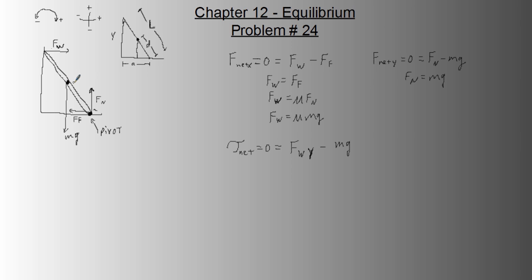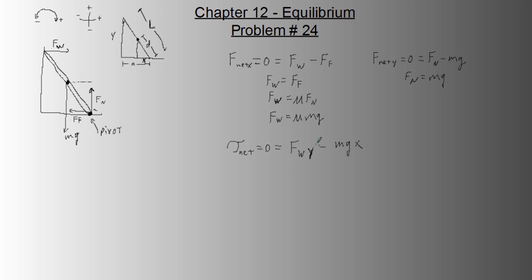So that distance, our perpendicular, is this distance, which is also this bottom leg of this little triangle here. So we'll call this x, just for the fun of it, so minus mgx.